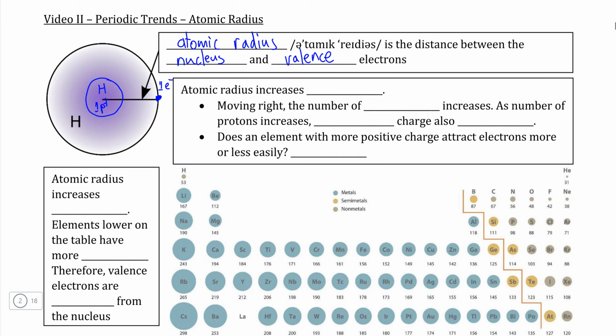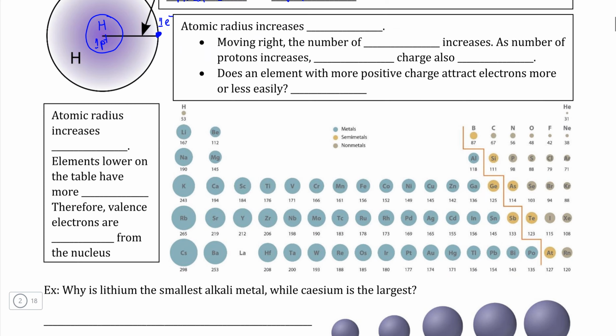So the distance from the center of hydrogen's nucleus to its valence electron is what we refer to as atomic radius. Now, in this video, we want to explain what happens when we go down the periodic table, so from hydrogen downward, and what happens when we move from the left side to the right side of the periodic table.